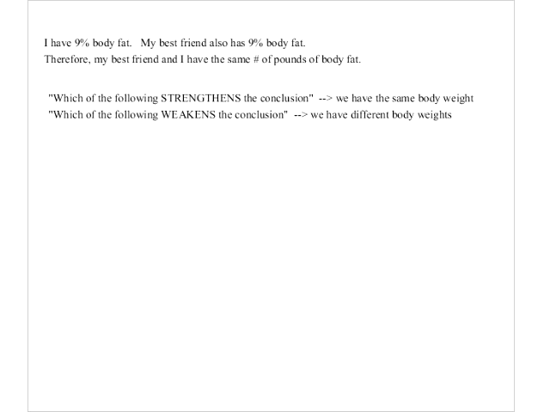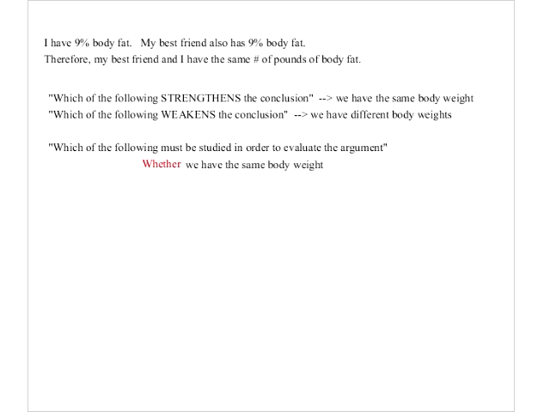Now, what they're going to do if they ask you this weird question, like which of the following would be useful or must be studied in order to evaluate the argument? The difference with this is that it doesn't tell you whether you're supposed to strengthen or weaken the argument. So what they do is they're going to give you a prompt like this. You're going to have whether we have the same body weight. But that's how they're going to do this.